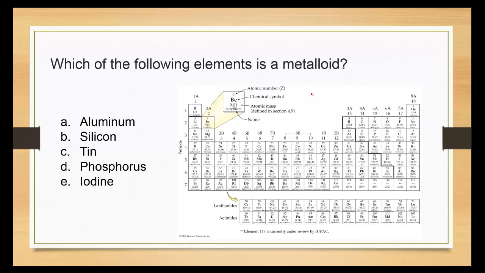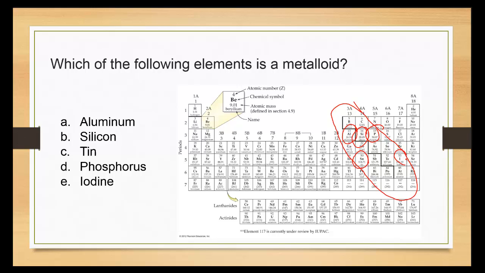Which of the following elements is a metalloid? So we're looking for an element that's on the zigzag line. Aluminum is here. Silicon is here. Tin is here. Phosphorus is here, and iodine is here. They're all very, very close.